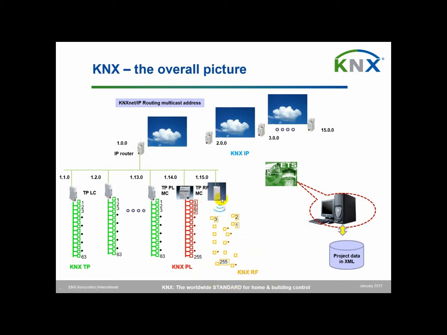This can also be combined with twisted pair and powerline, and also here a so-called media coupler can be used. Then there's also the possibility to extend such a KNX installation or to link other KNX installations together, and this can typically be done with KNX IP.